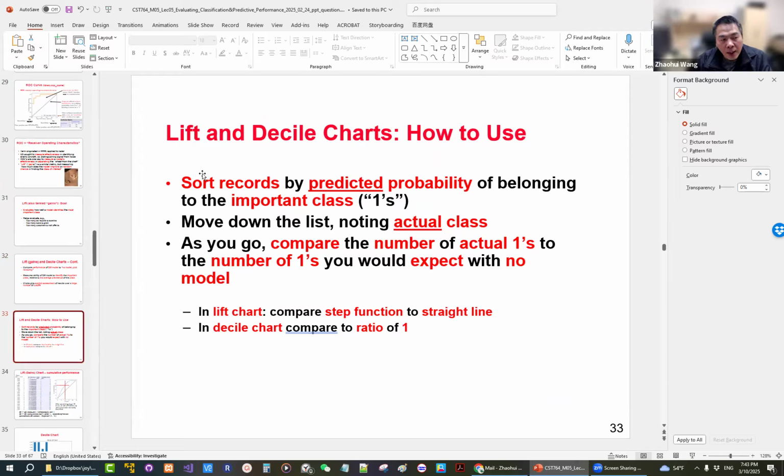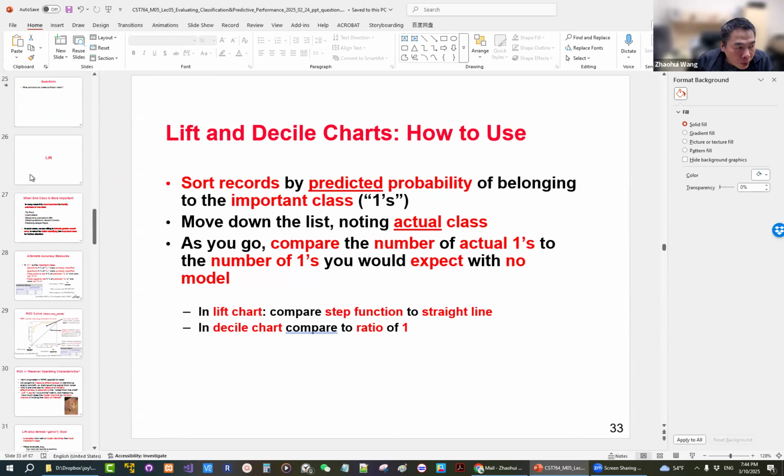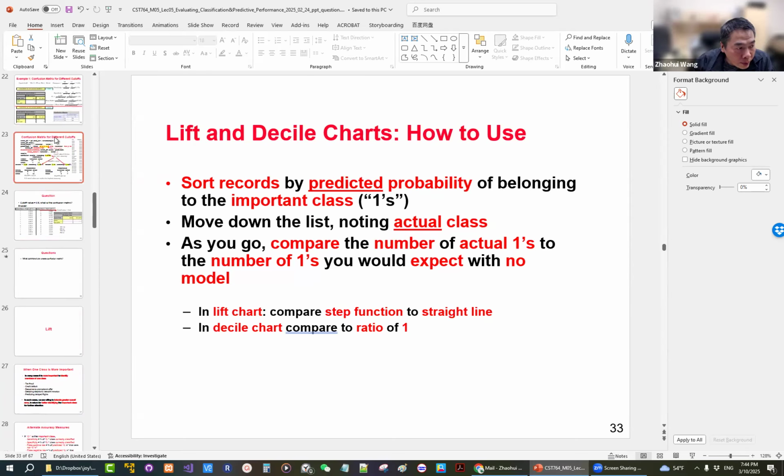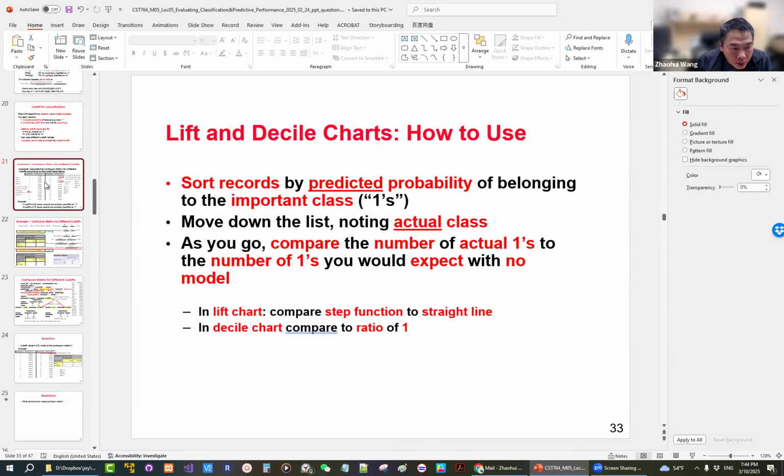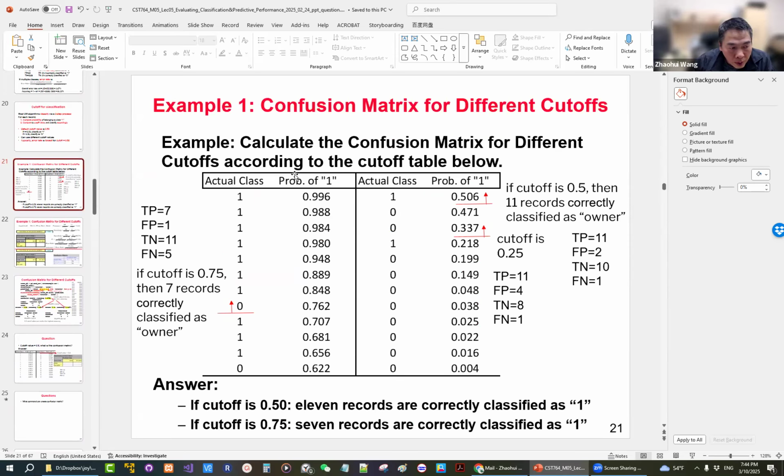To obtain a lift chart and a decile chart, we need to sort the records using the predicted probability of belonging to the important class 1. Yeah, it will be the example case we discussed in the confusion matrix. Just make a sorting of the probability to be 1.